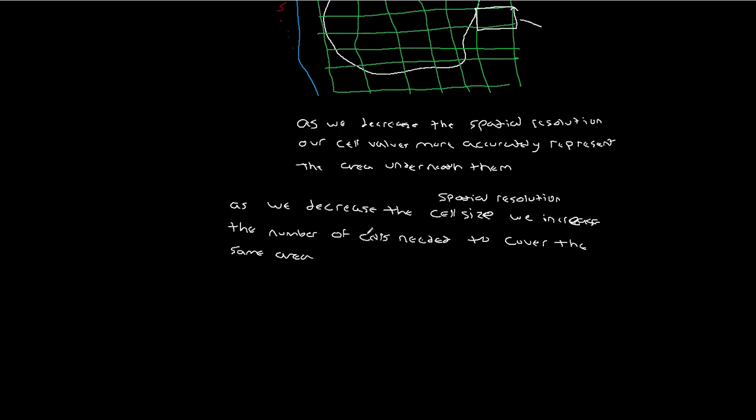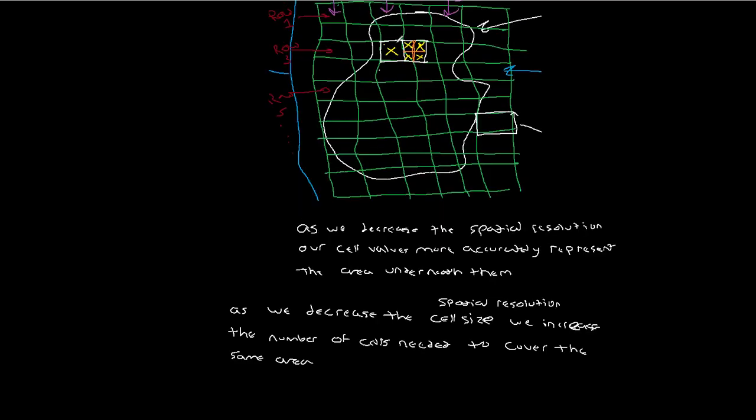And if we go back up here for a second, you can see this visually. These two cells right here are the original spatial resolution. When we decreased the spatial resolution, we made 4 smaller cells that took up the same area.